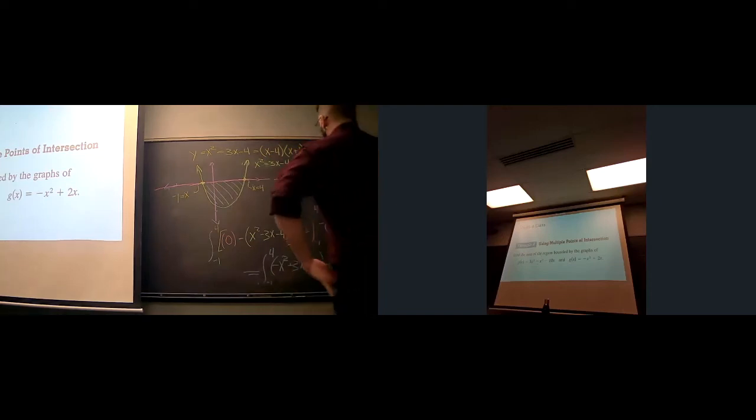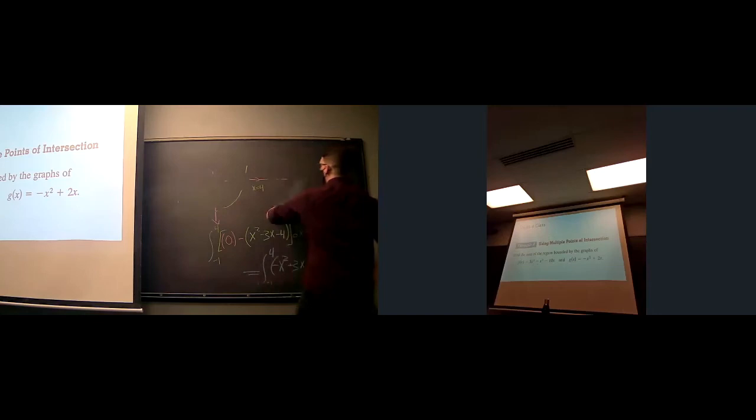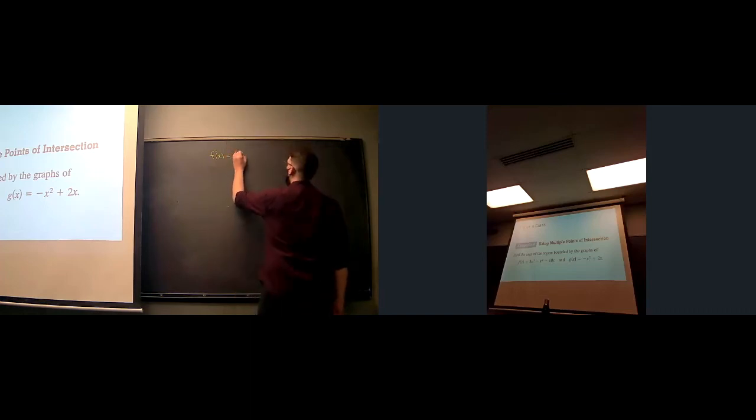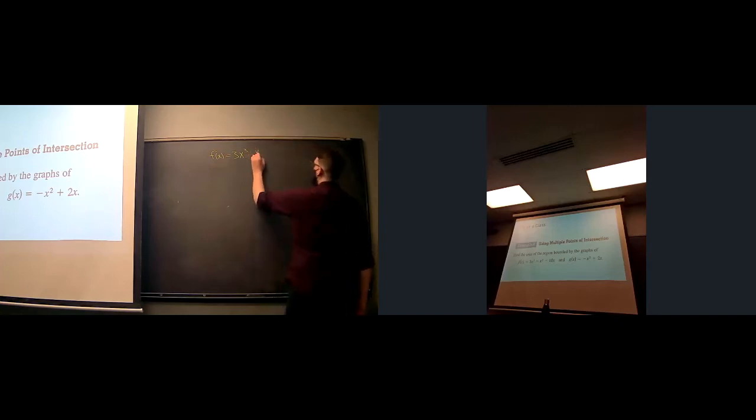So jumping ahead to another problem, this one is a lot more involved. First, we've got two functions, f of x, which is equal to 3x cubed minus x squared minus 10x.